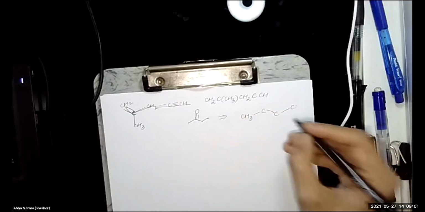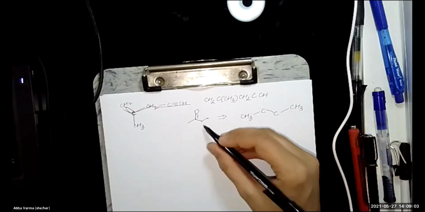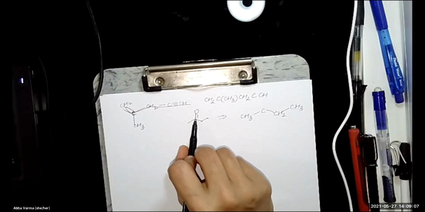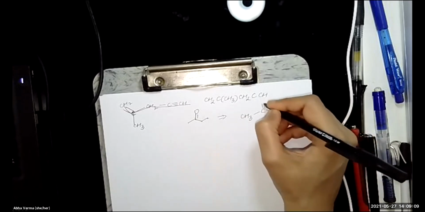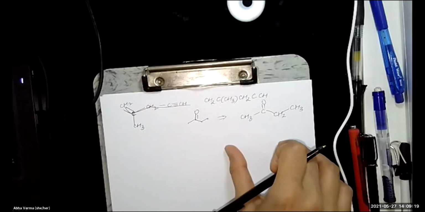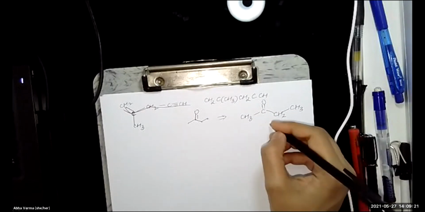This carbon will have 3 hydrogens. This carbon will have 2 hydrogens, but this carbon has all the 4 bonds satisfied, right?